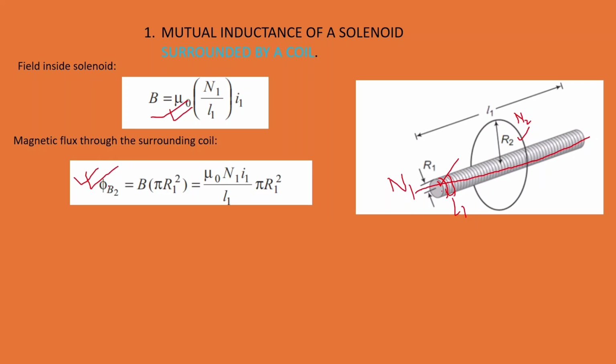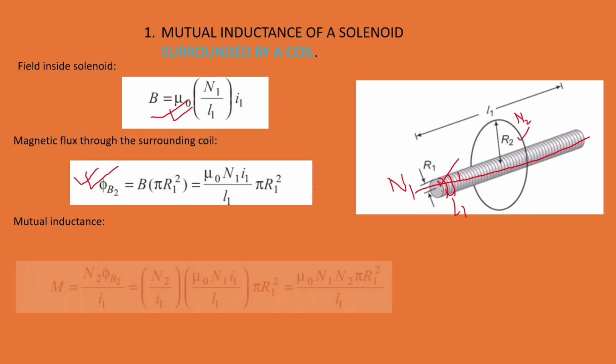This is the magnetic flux inside the coil of radius R2. So phi B2 is B into pi R1 square. You may wonder why this is pi R1 square: because this is the cross section through which we are calculating this flux, B dot S. So mu 0 N1 I1 by L1 into pi R1 square.